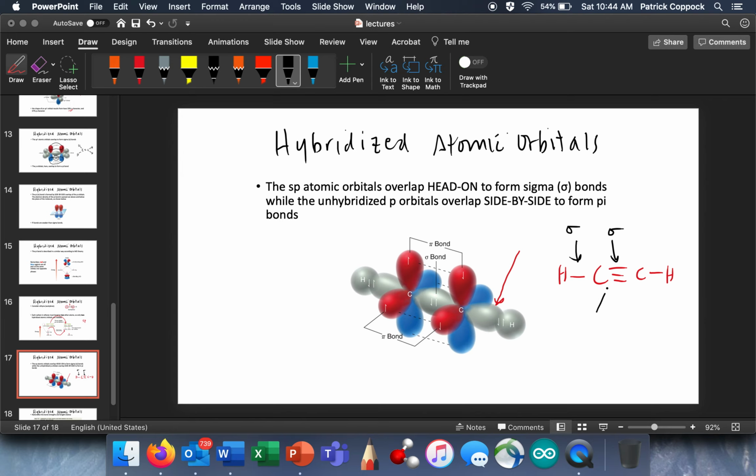And then it's going to make a pi bond, which is maybe that one right there, a side-to-side overlap, and then another pi bond. So this triple bond is actually made up of a sigma and two pi's. And here is another sigma bond because it's end-to-end overlap.